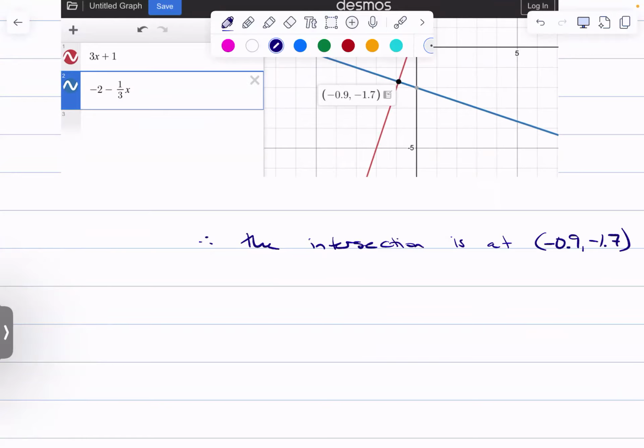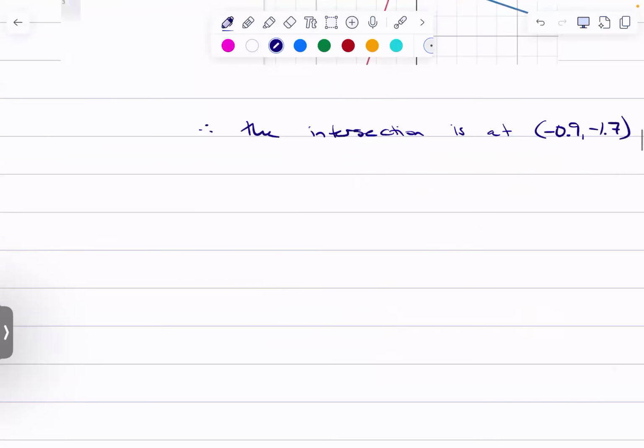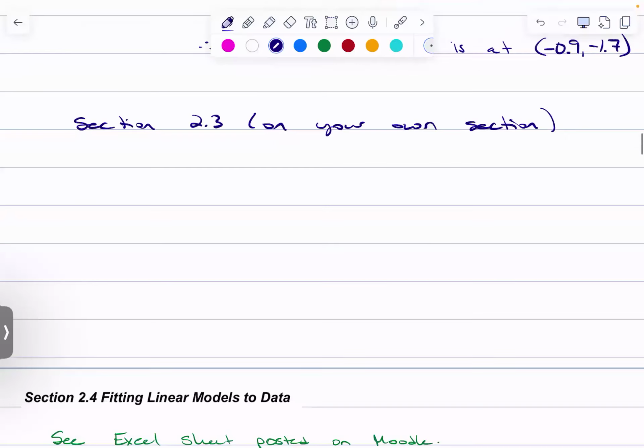Okay. So then in section 2.3, which follows here, section 2.3 is an on your own section. Because it's word problems, right, with lines, and so constructing lines from word problems.